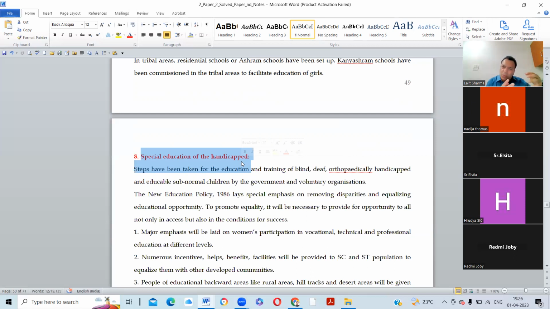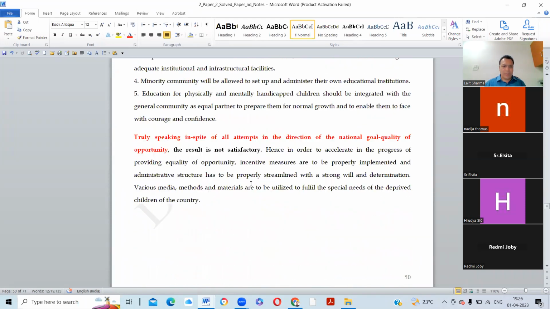We should have those facilities. We should have the wheelchair, the equipment, for the special students also. Only then, guys, can we create equality of educational opportunities. So these are the measures taken by us, right?